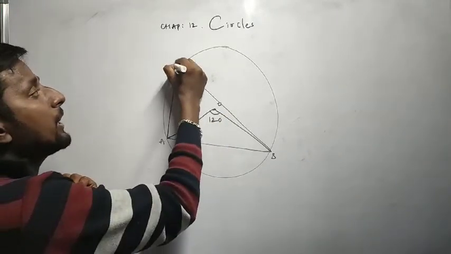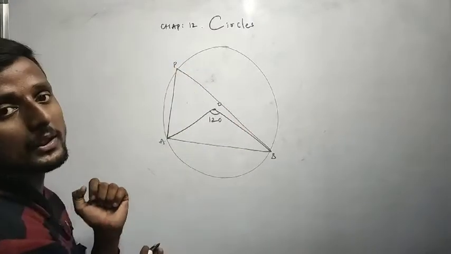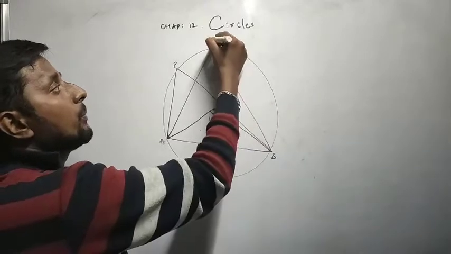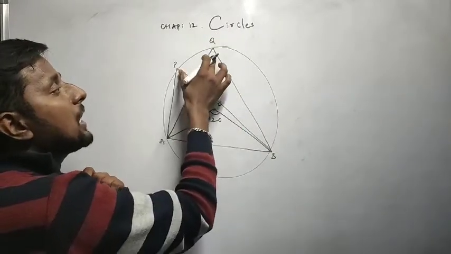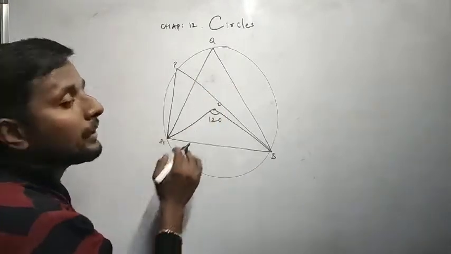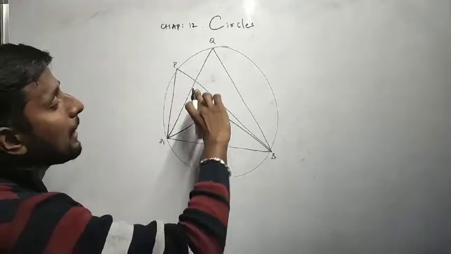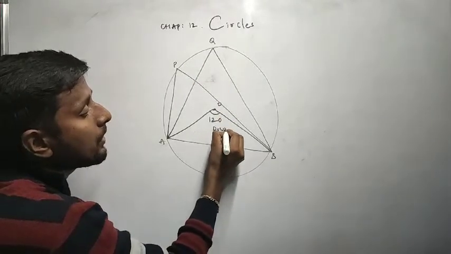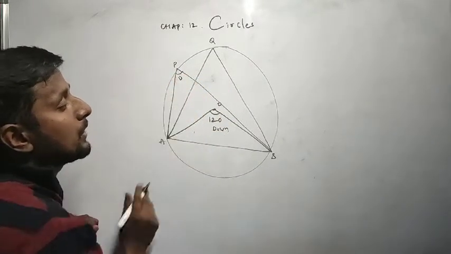Now I have taken one more point in the remaining circle, Q. P and Q are points on the remaining circle. These angles open downwards, and they have a relation with the center angle, which also opens downwards.